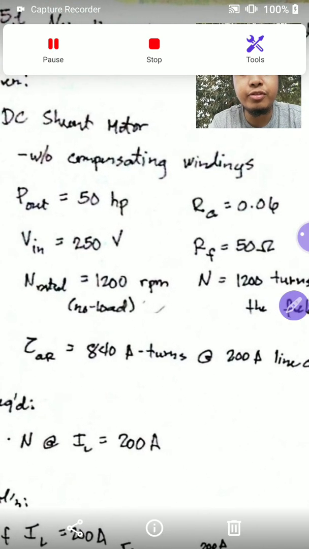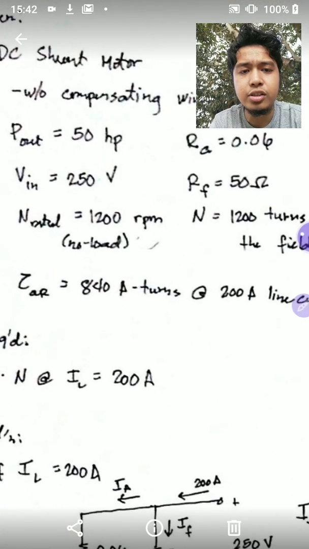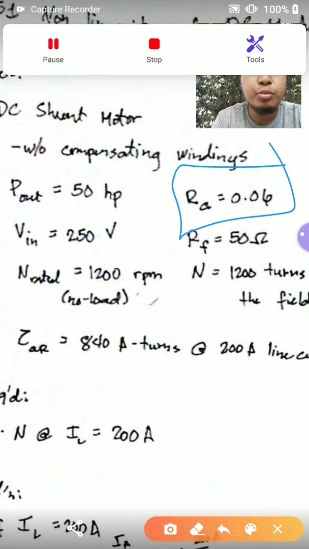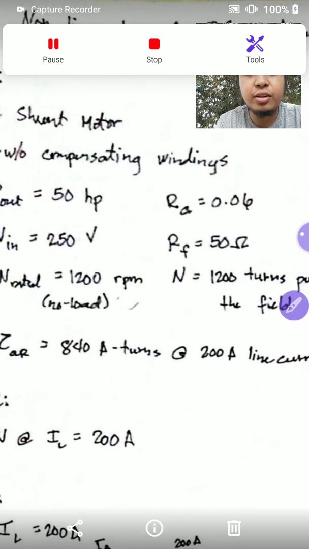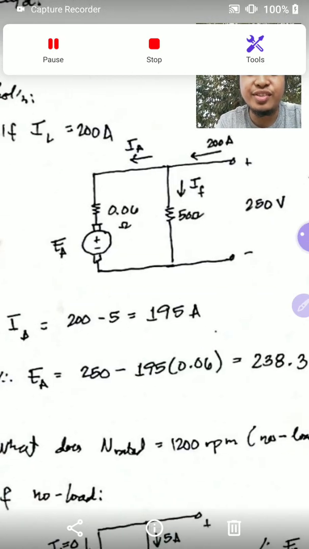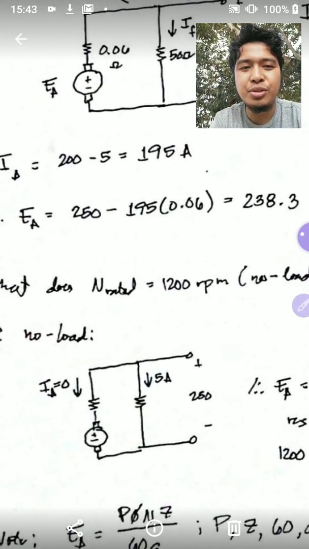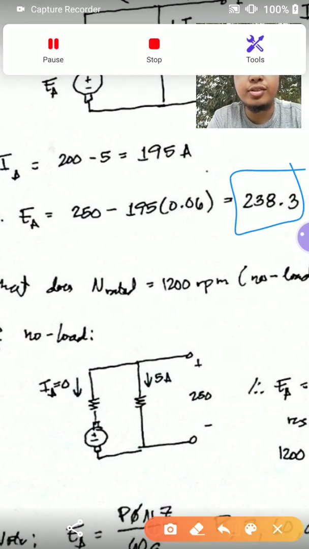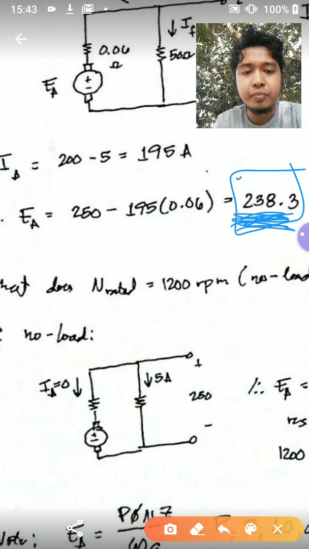We don't have the voltage at the brushes here, so let's assume that voltage is negligible, or probably incorporated in this 0.06 ohms. Anyways, the voltage developed at the armature is 238.3 volts. Now I want you to remember this because we'll be using this value a lot.